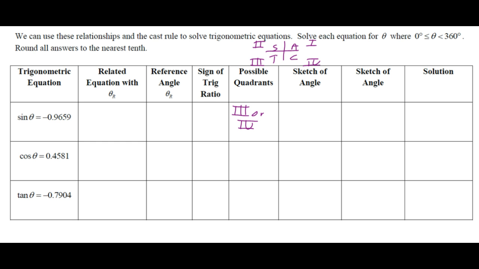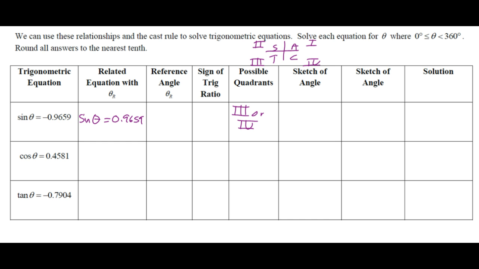Now, related equation with the reference angle. What's the related equation with the reference angle? Same thing, you're just going to change this to positive. So we're going to say sine theta is 0.9659, because the reference angle is always an acute positive angle. It's between 0 and 90 and it's positive.